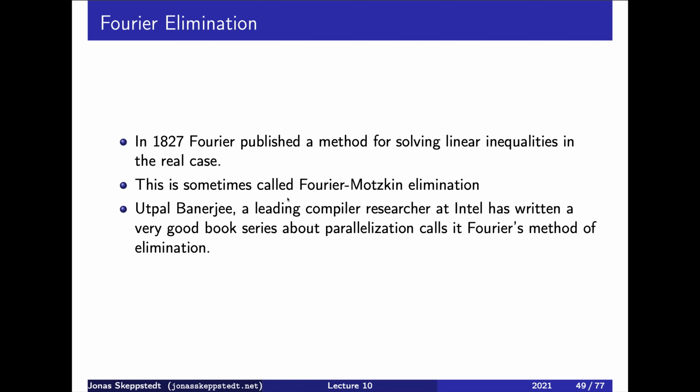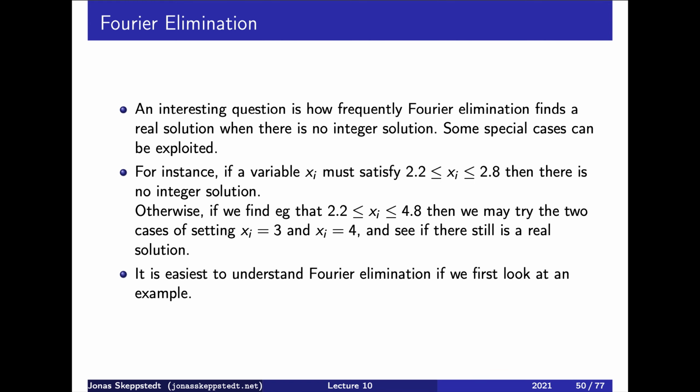Okay, so there are some situations where this Fourier elimination can be improved. Say that we find that some x must be within this bound, then we can forget it since it cannot be an integer solution.